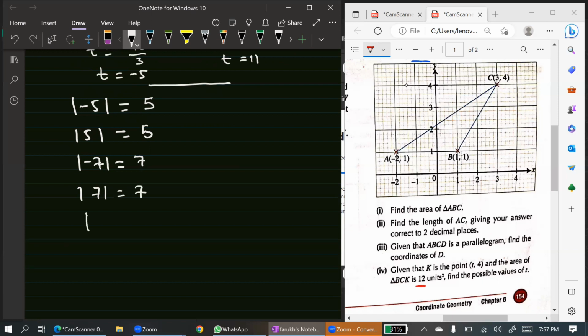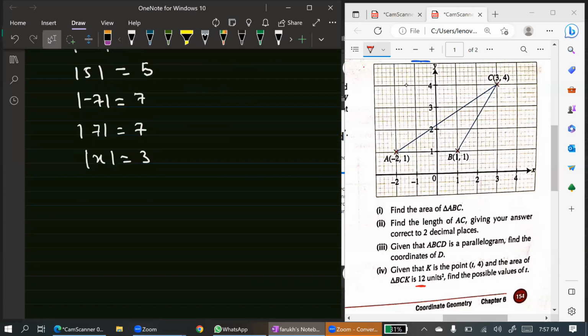So if there is an equation that modulus of x is equal to 3, what values of x will we put at this place to get 3? We'll put 3. 3 is equal to 3 and the second value is minus 3.